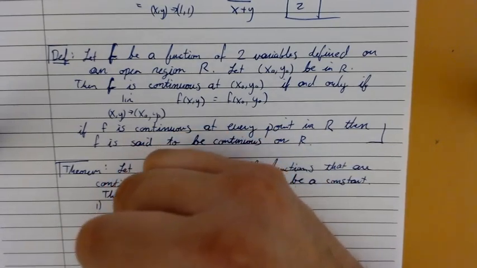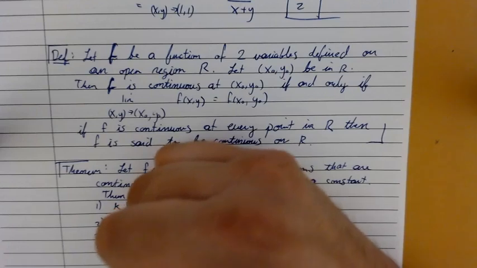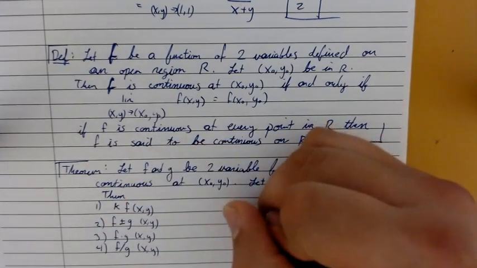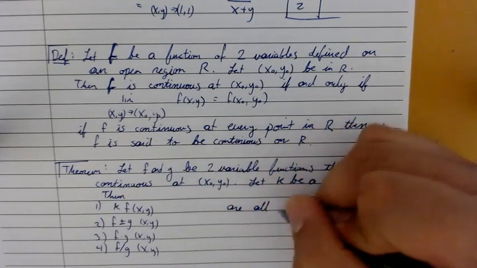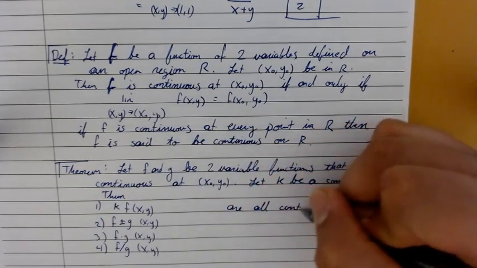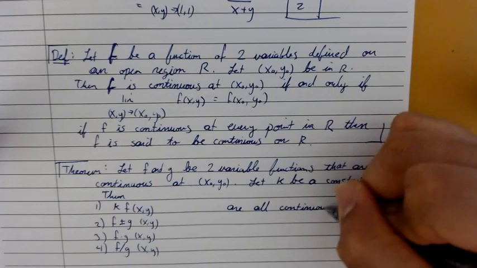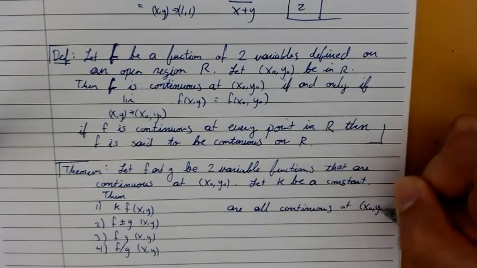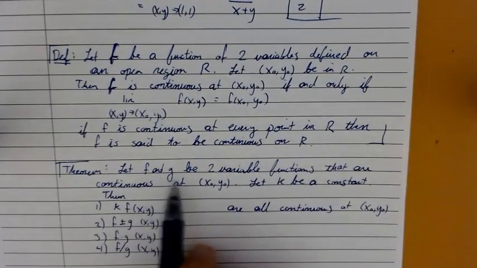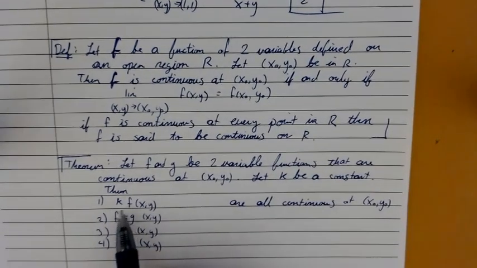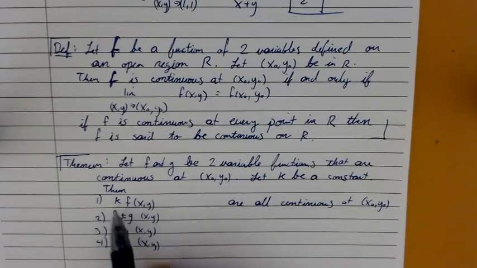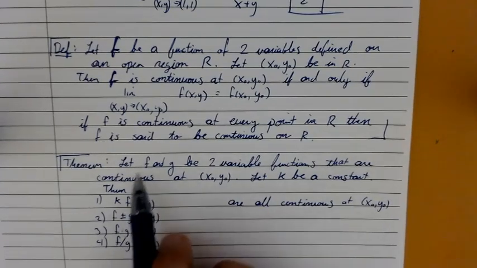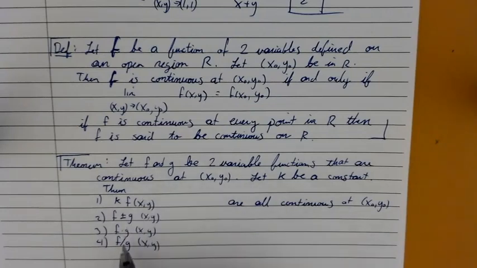And 4. f over g of x, y are all continuous at x naught, y naught. So if both of them are continuous here, then you can take one of them and multiply it by any constant. You can add the two of them, you can subtract the two of them, multiply the two of them, or divide the two of them, and all of those results are still continuous at this point.